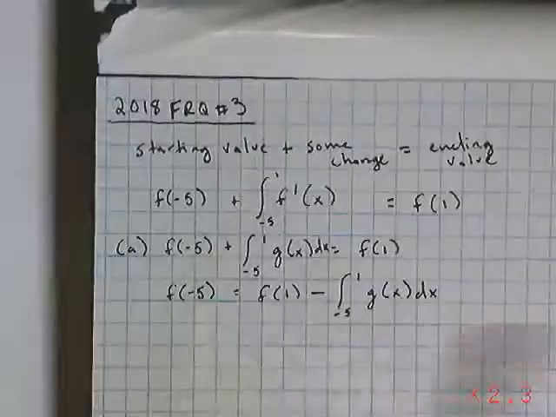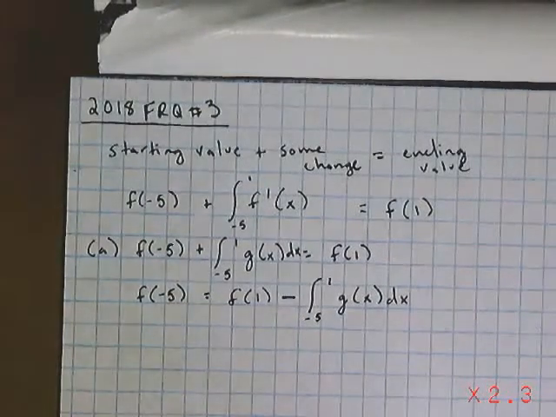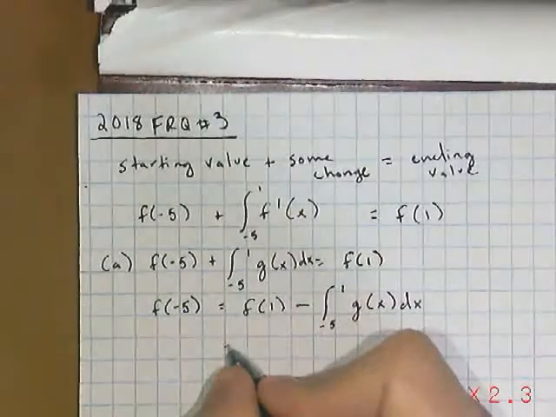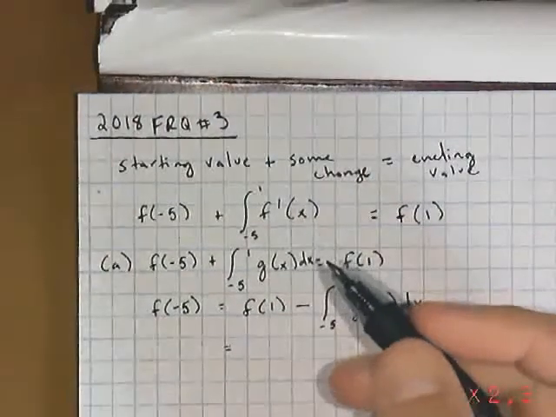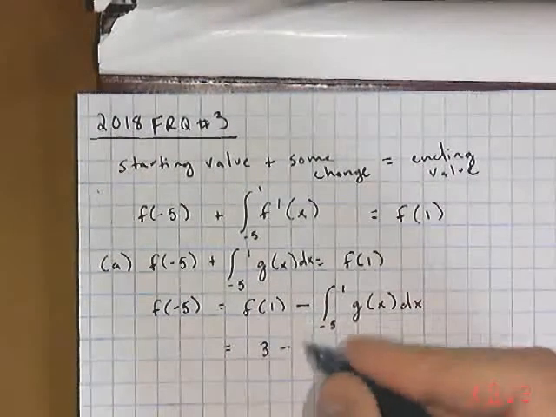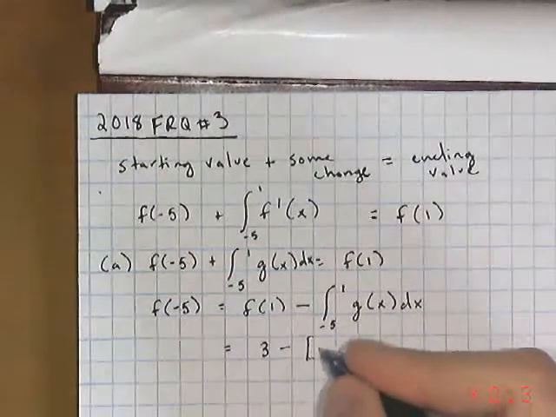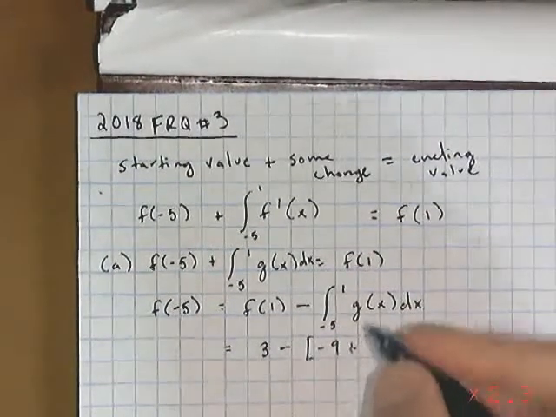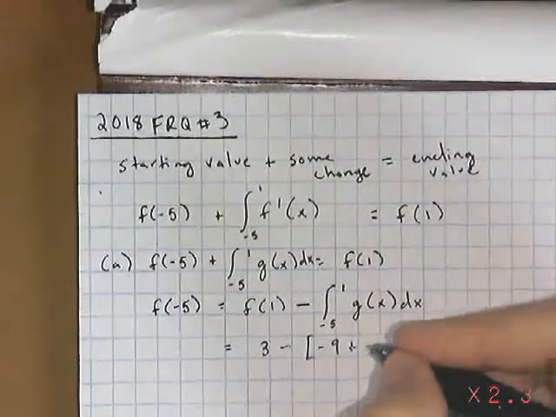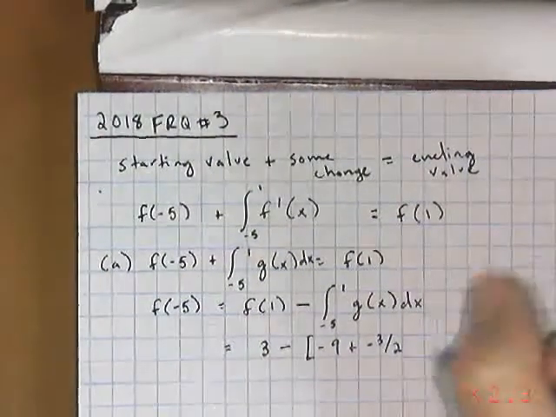So our integral, and here we can plug in for f of 1 as well. We know f of 1 is 3 because they told us that, minus this integral, which is going to be negative 9 plus negative 3/2 plus 1.